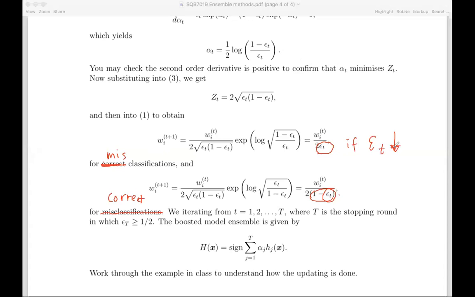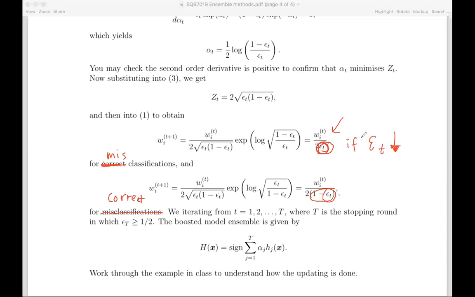If your error rate is small, you'll see that the ones that are misclassified, right? They will receive a higher weight. That means there will be more attention to these misclassifications. Basically, it is like the algorithm is focusing on the ones that you misclassify.